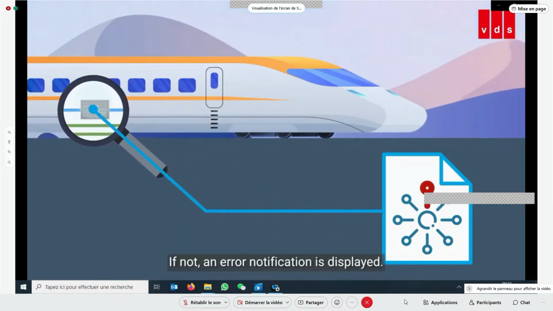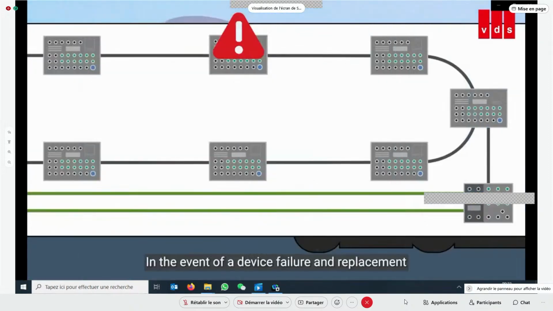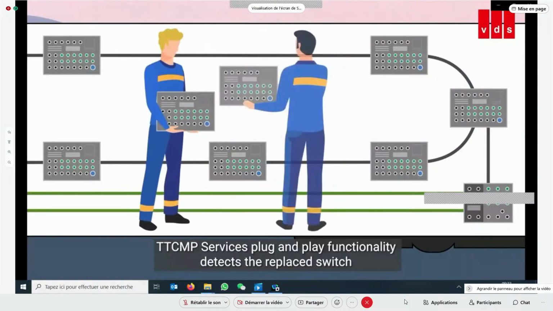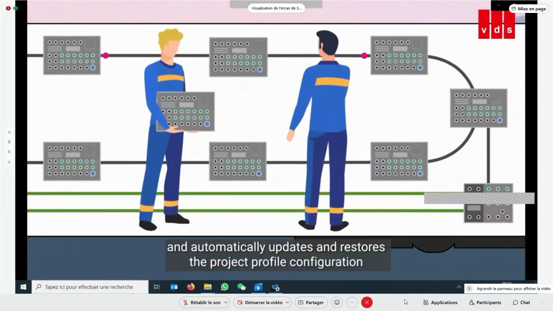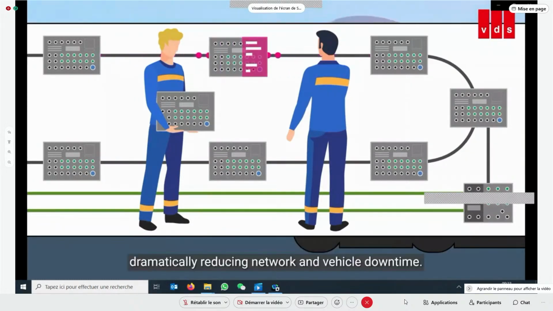If not, an error notification is displayed. In the event of a device failure and replacement, TTCMP Services plug-and-play functionality detects the replaced switch and automatically updates and restores the project profile configuration, dramatically reducing network and vehicle downtime.